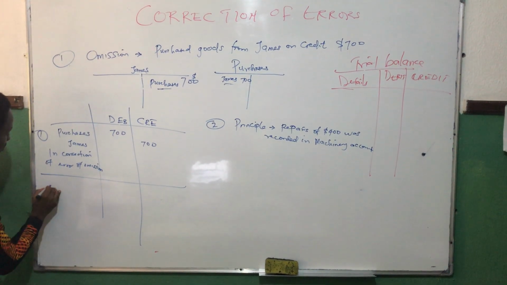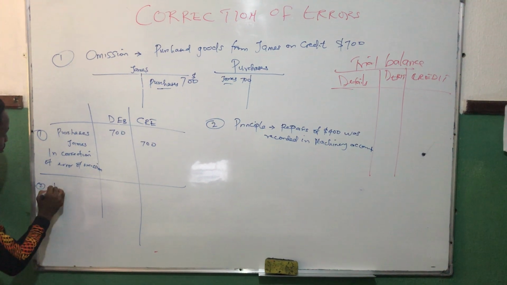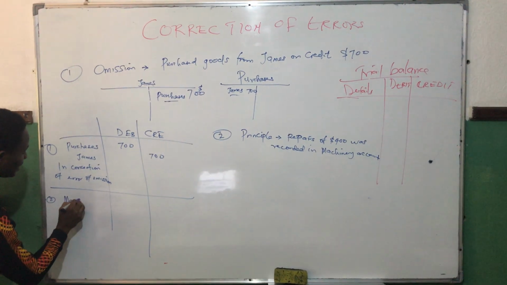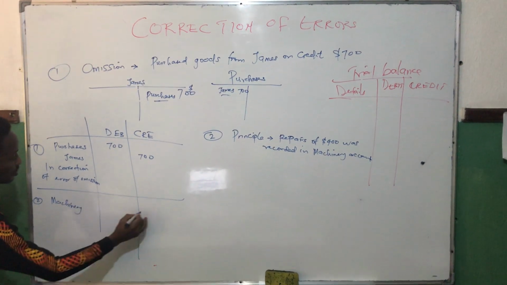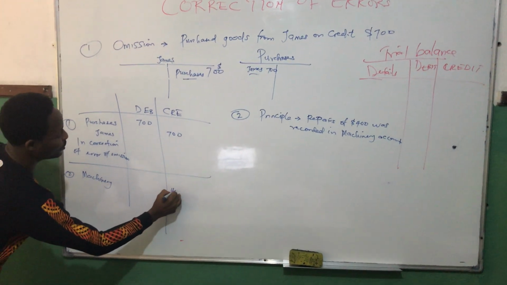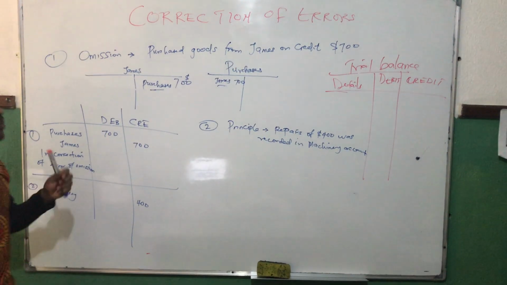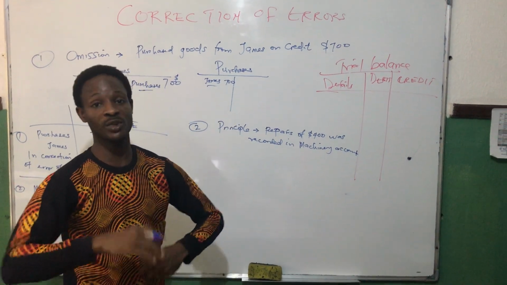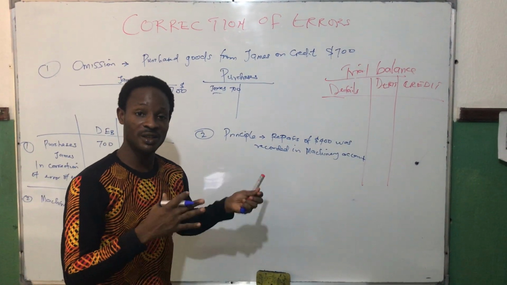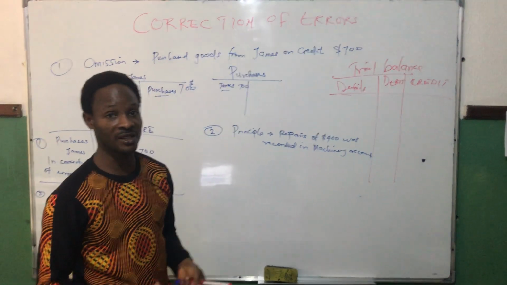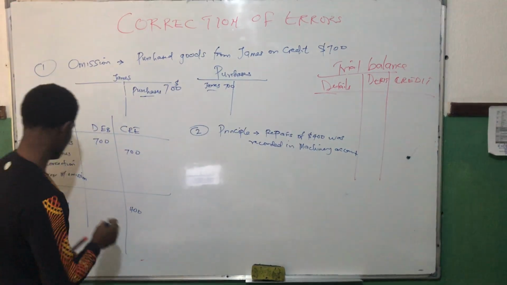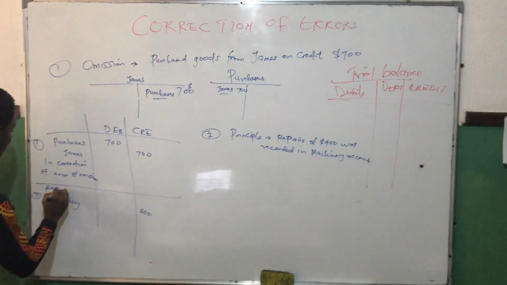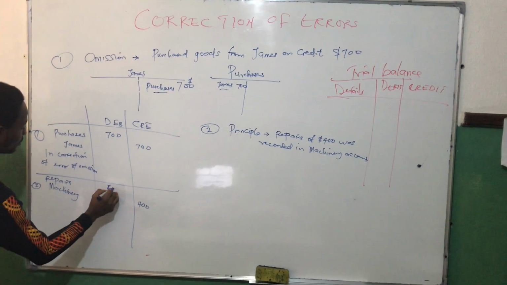This is correction number 2. So we'll credit machinery with 400, and repairs, that was actually the original transaction that was ignored, we will now record it in the normal side for repairs, which is the debit side. So repairs 400.